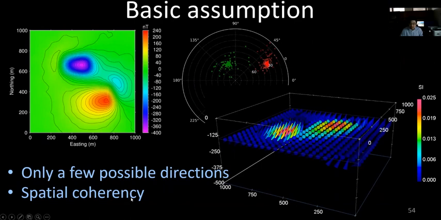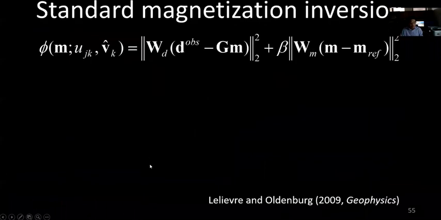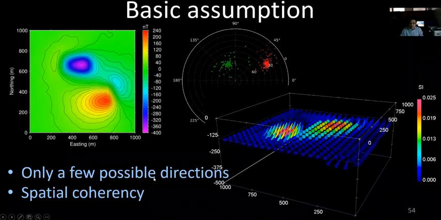In other words, if two model cells are adjacent to each other in the spatial domain, then we expect their magnetizing directions to be similar. So these are our basic assumptions, and we can now go ahead and formulate the inverse problem by incorporating them.